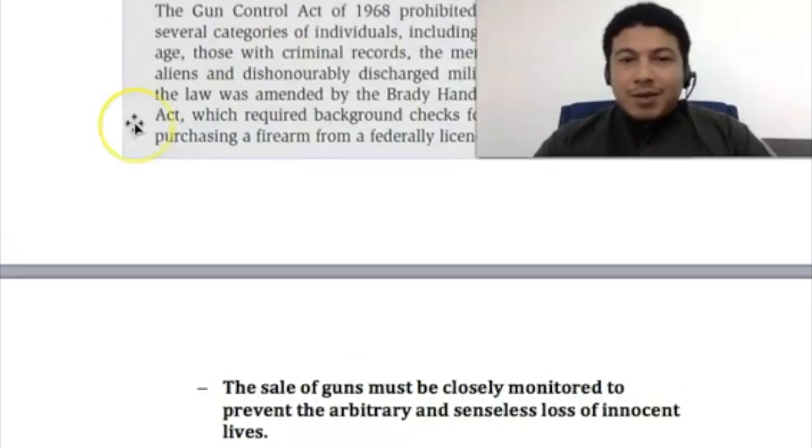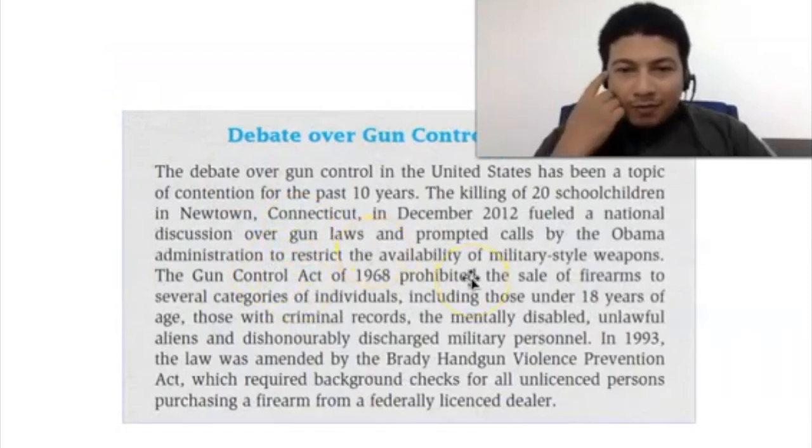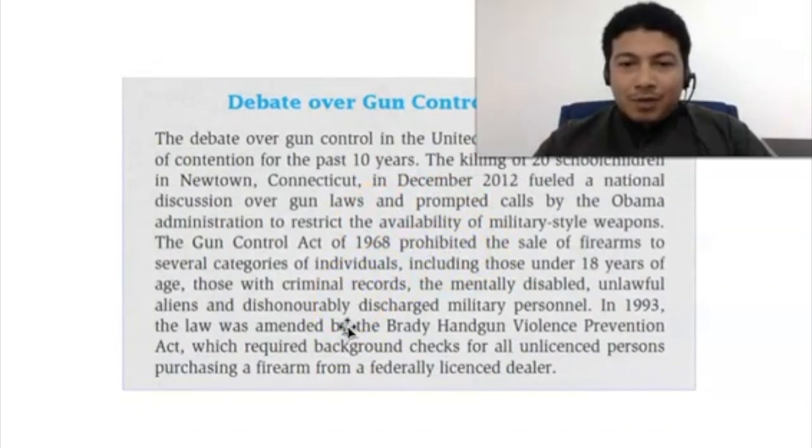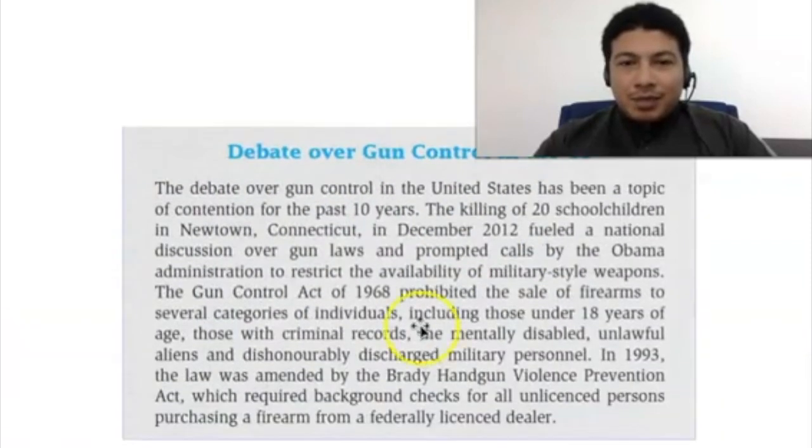It is not directly mentioned here in this paragraph, but it says a lot of people are dead because of people being shot, a lot of criminals using guns and killing people. And then the debate has been going on for many years.